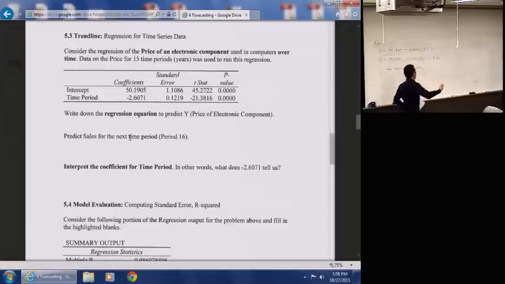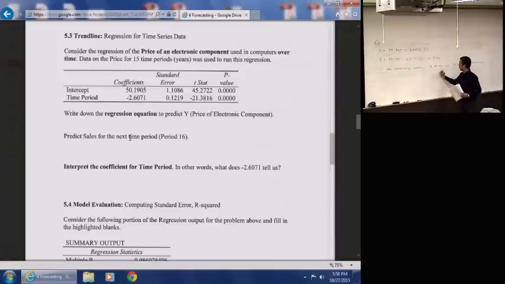So in 1 more year, the electronic component price will decrease or increase? Will decrease, right? Because of this minus sign. So with 1 more time period, the price is going to drop.